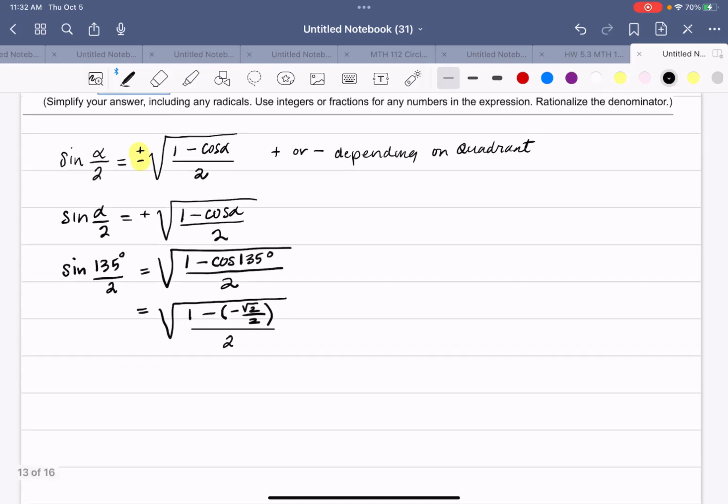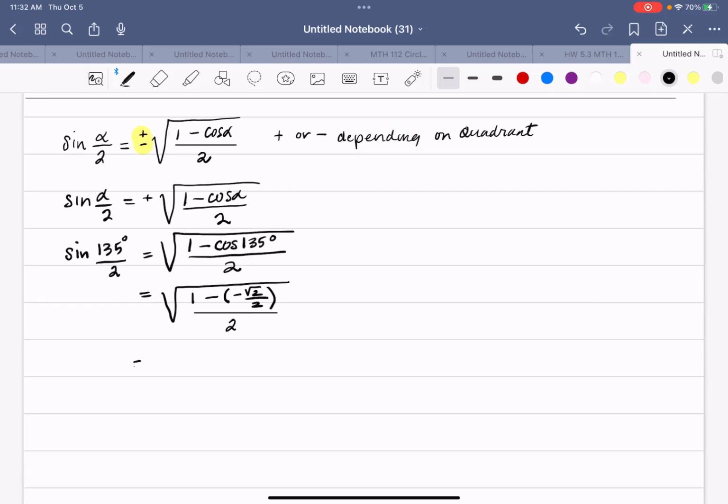So now we have to do some cleanup. I'm going to have a 2 over 2. I'm just doing the inside now. And it's going to be plus the square root of 2 over 2 because that negative and a negative are going to make a positive. So 2 over 2 plus the square root of 2 over 2 is 2 plus the square root of 2 over 2.